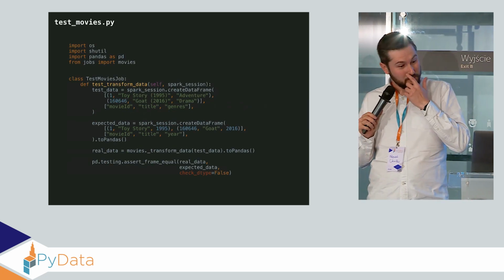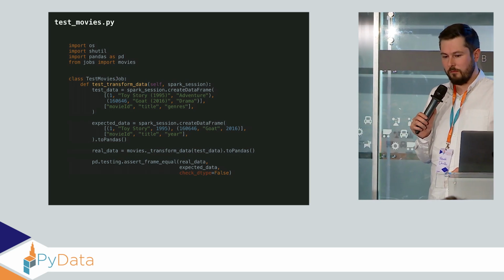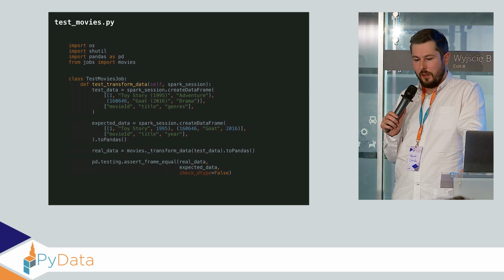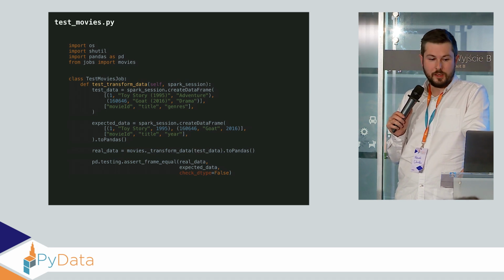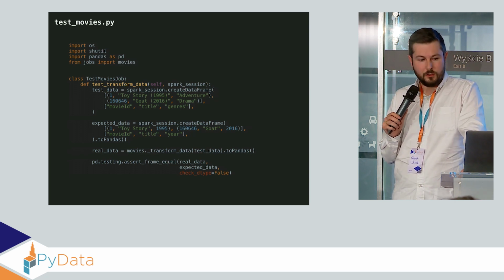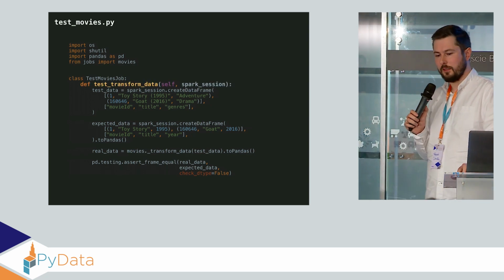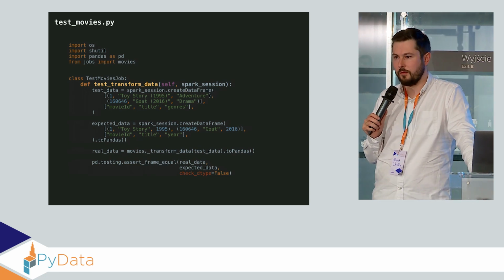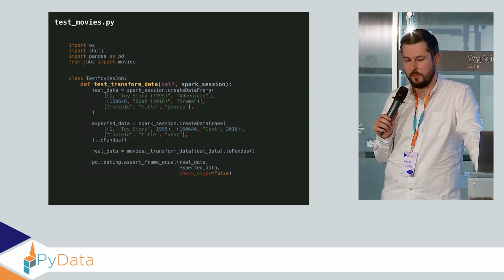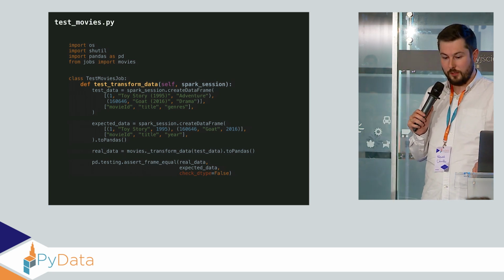So we are going to add some tests to our application, and here we have a test file that is going to test our movies job and one of the tests there. I'm using PyTest as a testing package, testing engine, but on top of that, I'm also using the PyTest-Spark package that comes with the Spark session fixture built in, which simplifies the tests for us, because we already have this built into our test engine.